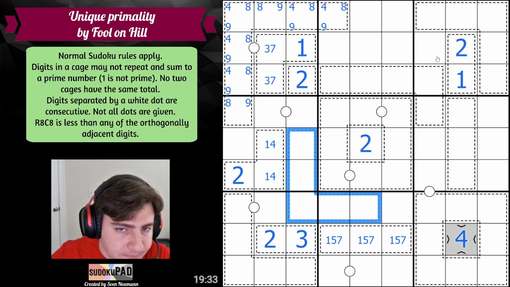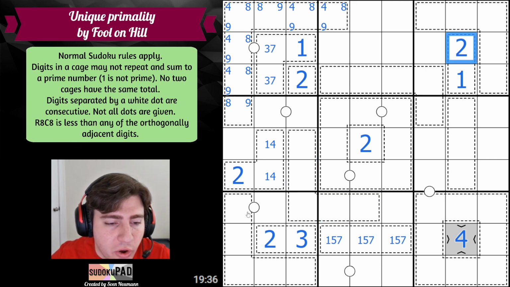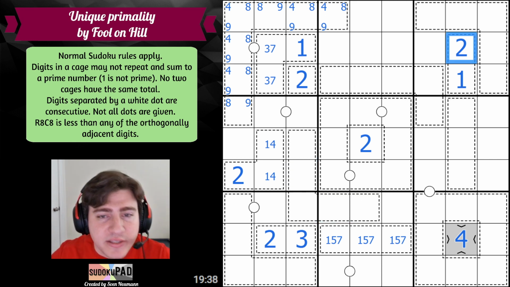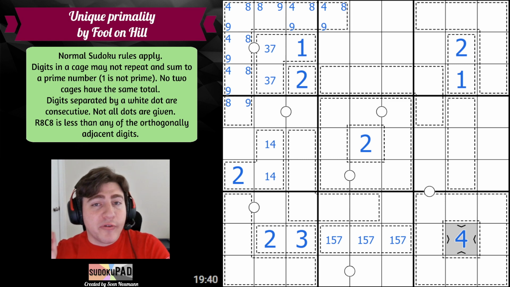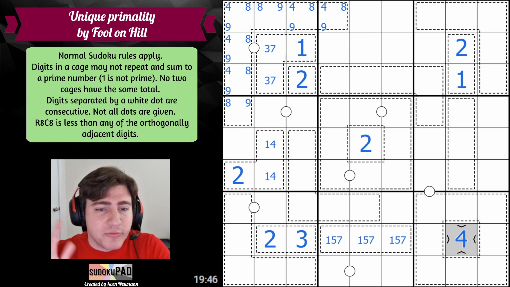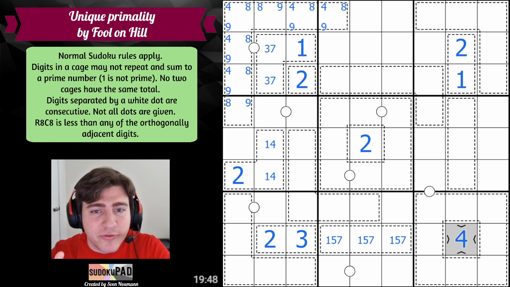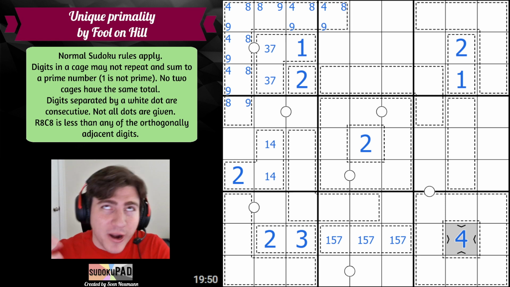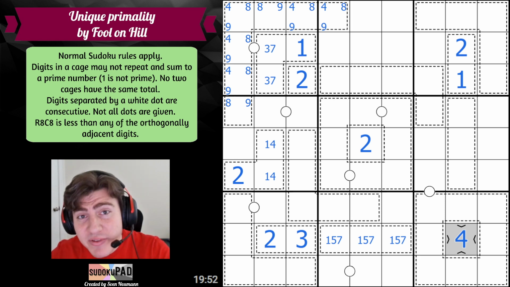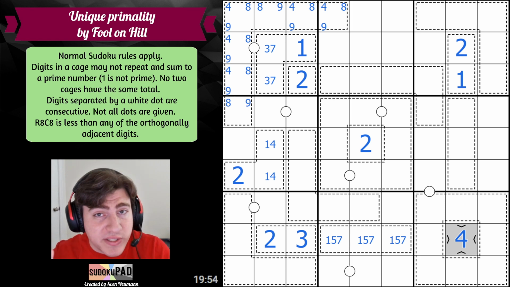And I'm also realizing that with all these 2s around the grid, it's going to really limit us because 1, 2, 3, 4, 5 is our true minimum, 15. 1, 2, 3, 4, 6 is not really true minimum, but pretty close. It is one above our minimum. So 17: 1, 2, 3, 4, 6.